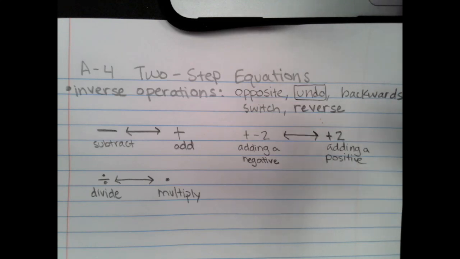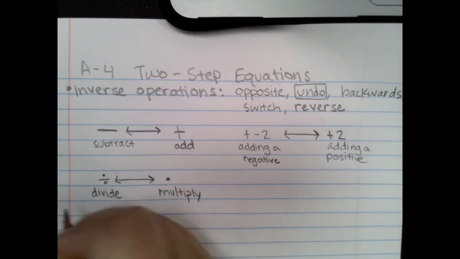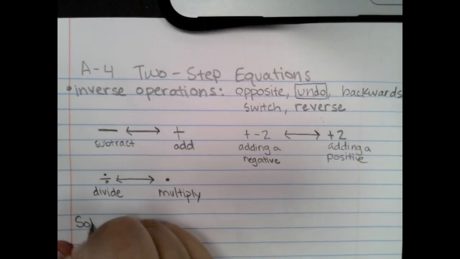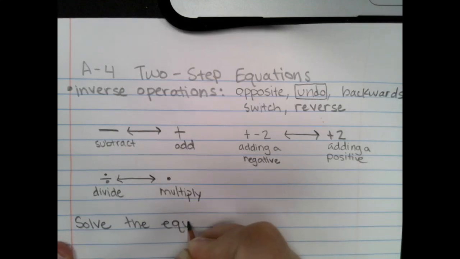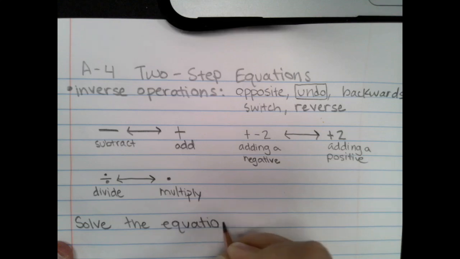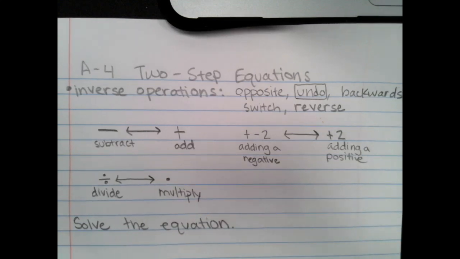All right, so for our 3 examples, our directions are just going to be to solve the equation. Remember, when we're solving, our goal is to find the value of the variable that makes it a true equation, that makes it all work out.